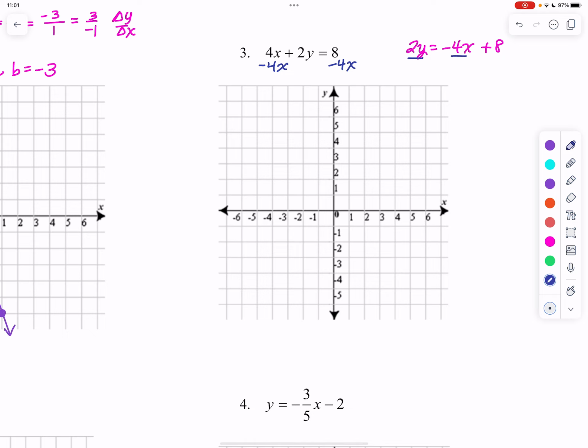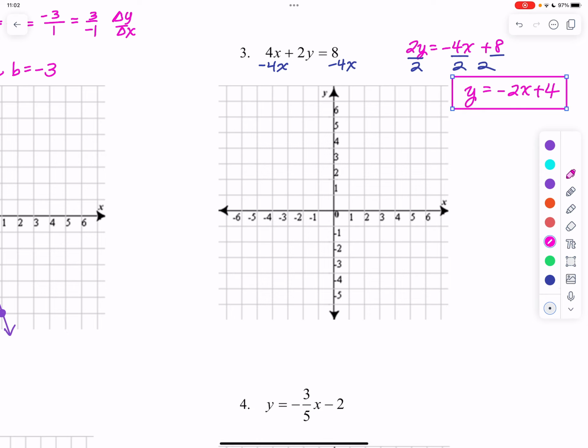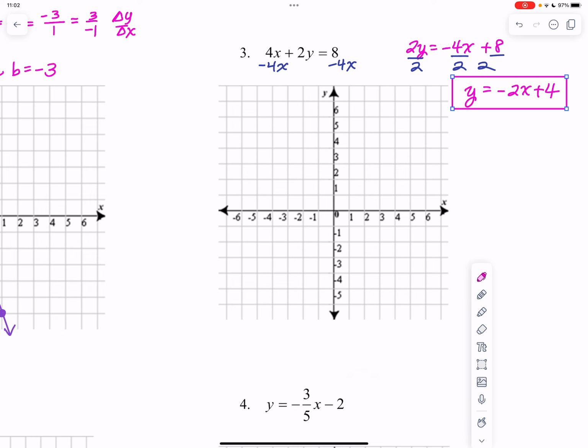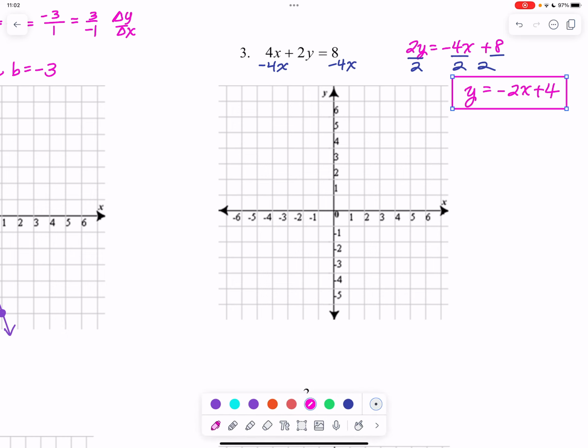And then we will divide every term by a 2. We end up with y equals a -2x plus 4. And as you can see, we now have a slope of -2, -2 over 1, and a y-intercept of 4.